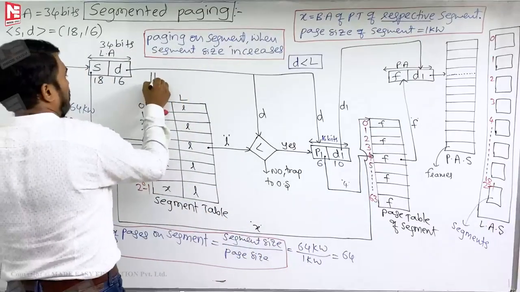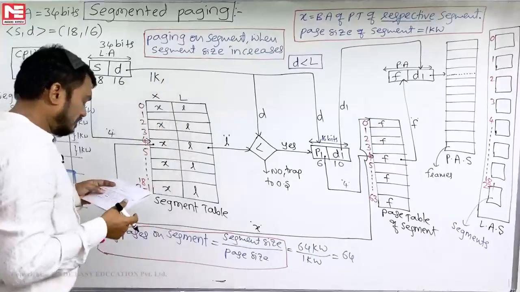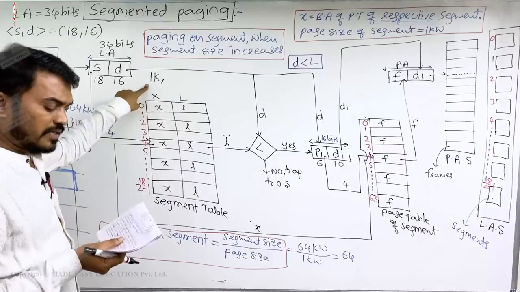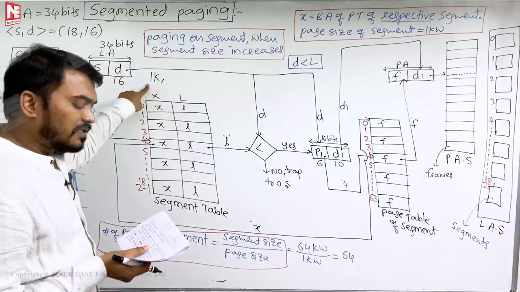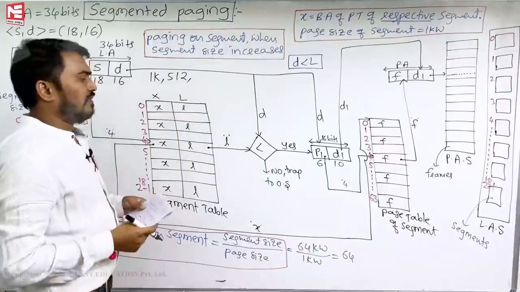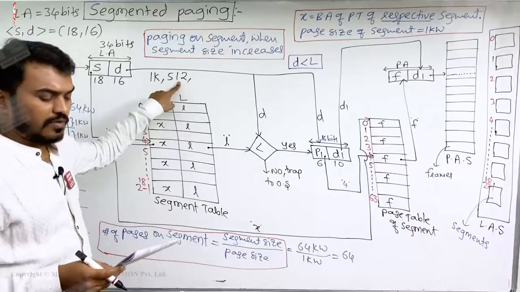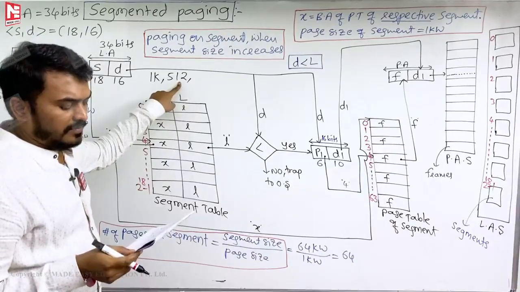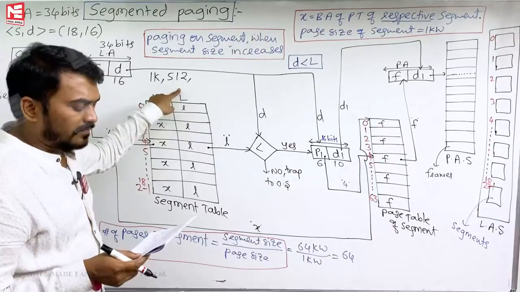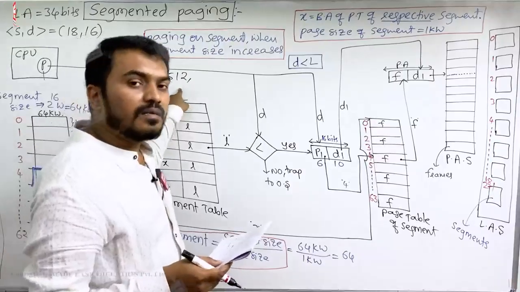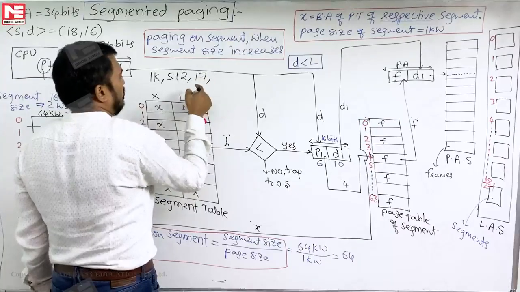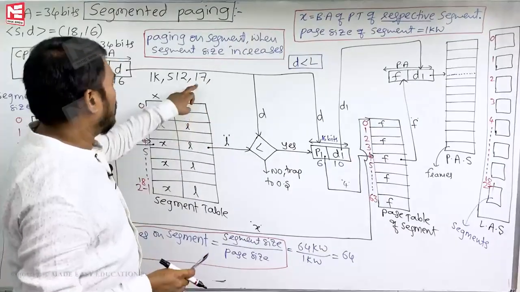I am writing here, look, 1K pages. The segment is divided into 1K pages and each page is having 512 entries. I am writing all the values on the board. Full stop. The segment number requires 17 bits. 17.